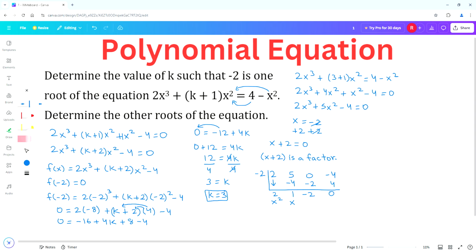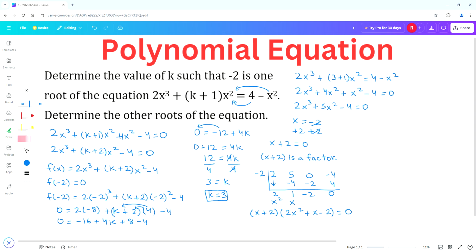Now we can write the equation in factored form. We can find the other roots of the equation by solving the quadratic trinomial in the second parenthesis, which is also the quotient of the polynomial division.